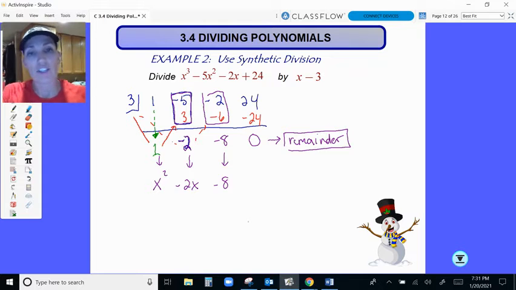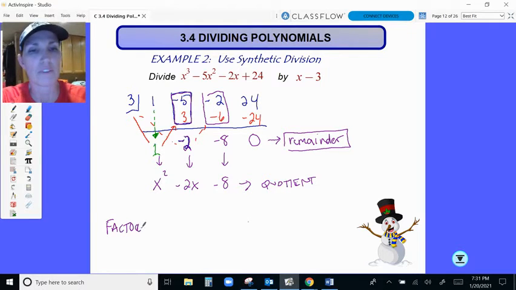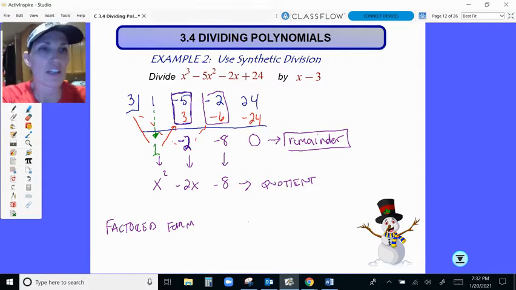So if I were to actually write this in factored form, this is my quotient. Can't write very well with this pen. If I write this in factored form, it's very important to know the difference between these two. Factored form would be, I take my x minus 3, right?